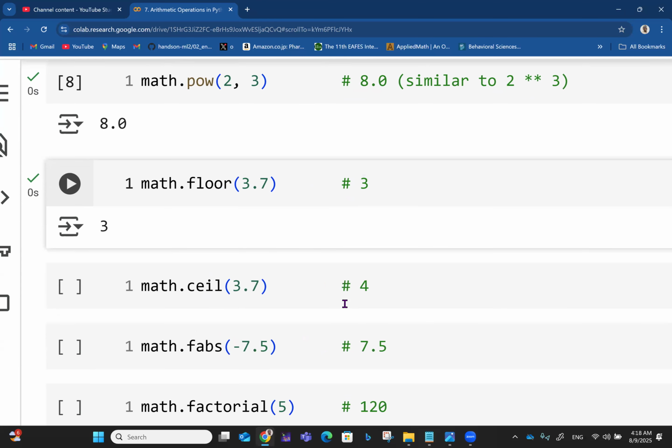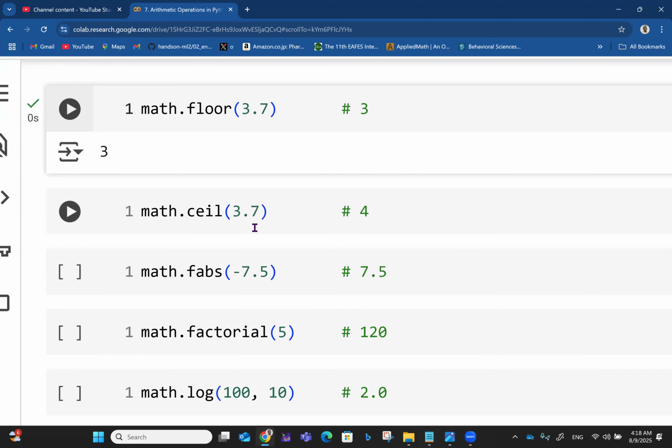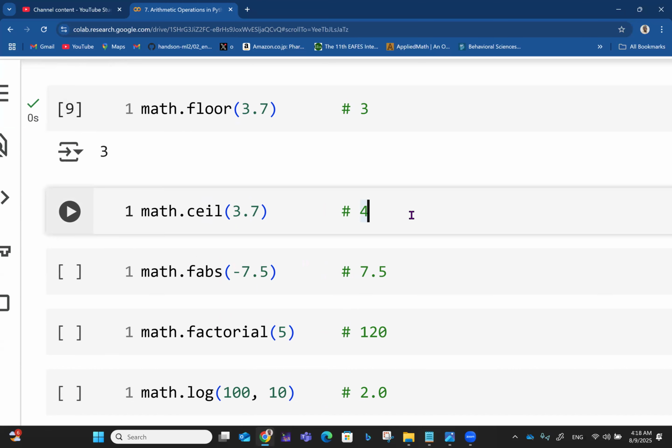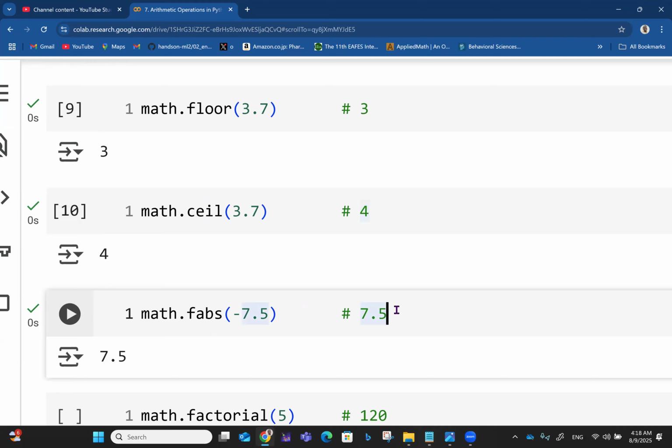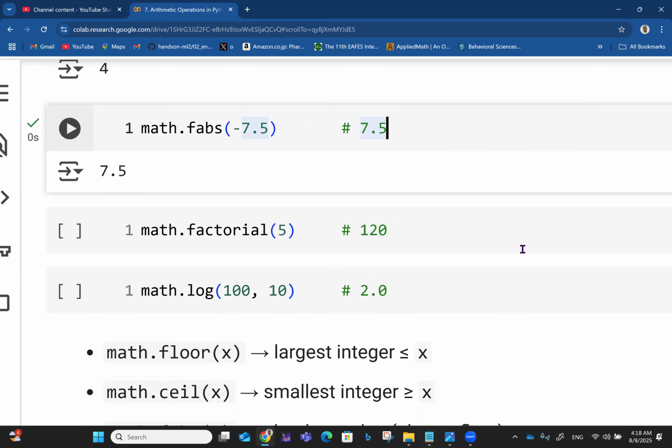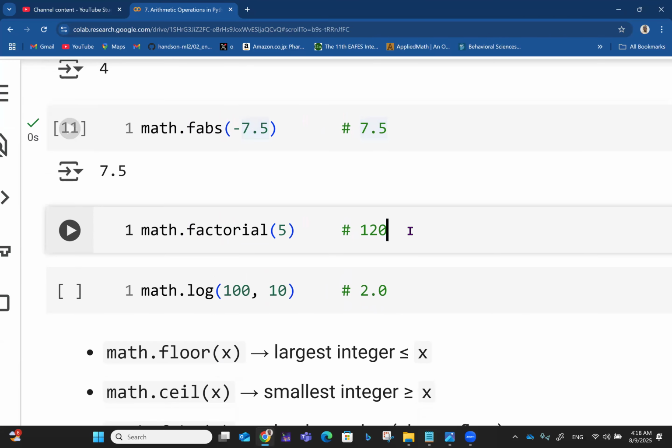Then here, math.ceil of 3.7 means to take it to the nearest whole number at the top. So that's 4. Then math.fabs of -7.5, I think it's the absolute value here. Then math.factorial of 5, that's 120.